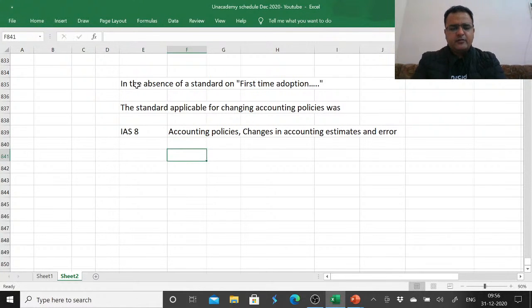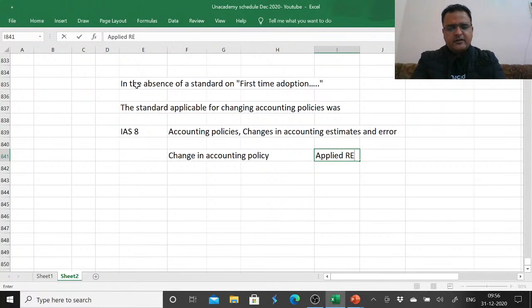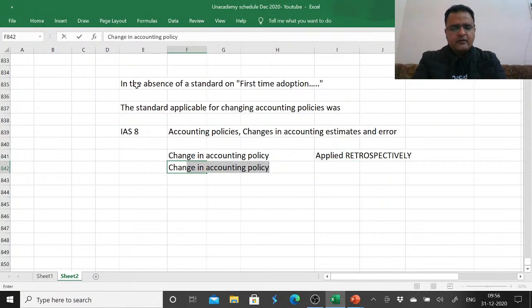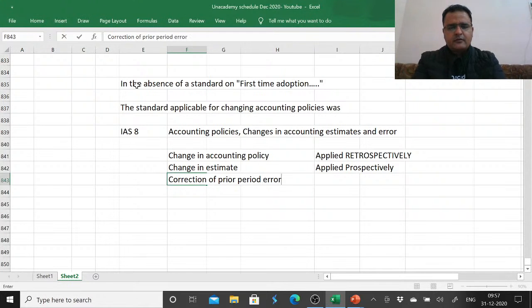So if there is any change in accounting policy, it was applied retrospectively. If there is a change in estimate, it is applied prospectively. Correction of a prior period error is applied retrospectively.